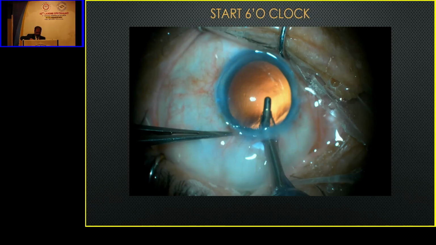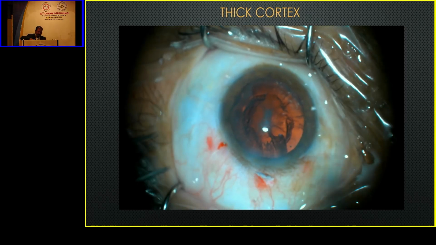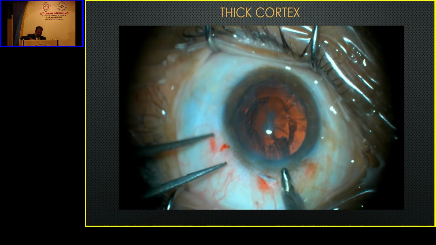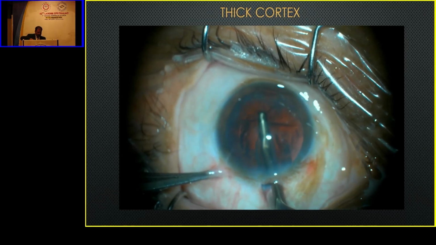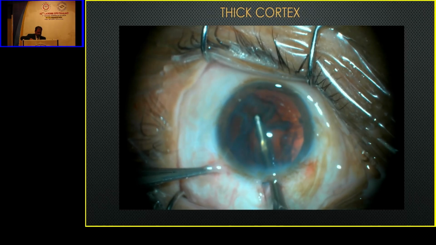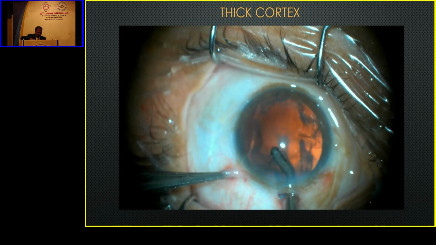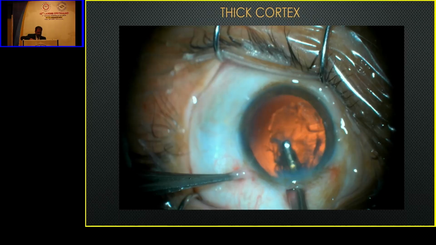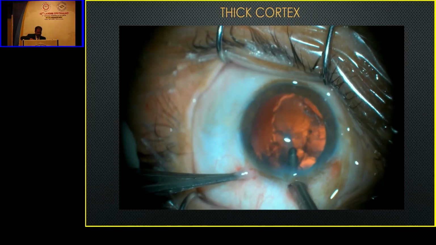You can start from the subincisional or 6 o'clock, anything. And sometimes we have thick layers of cortex, and with the Simcoe cannula, it will take at least 1 to 2 minutes to take this cortex out. But with the help of IA, it takes only a few seconds. It's a very thick layer of cortex.